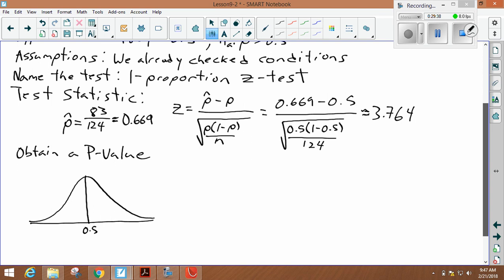For a value p of 0.5, we're looking at the probability that p hat is greater than or equal to 0.669, which is going to be the same thing as the probability that Z is greater than or equal to 3.764.